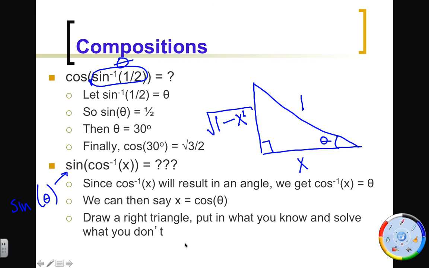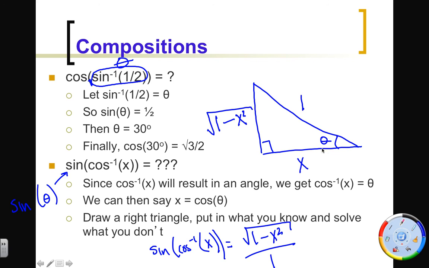Which means the answer to this question, the sine of cosine inverse of x, is square root of 1 minus x squared all over 1.